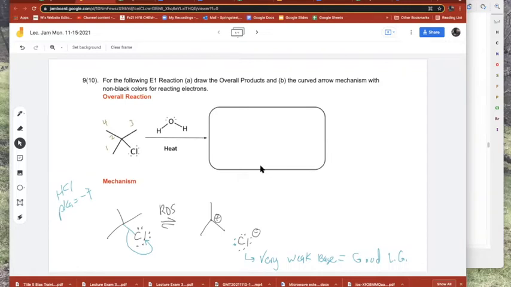All right, here we go. Now the next step, water comes along and it's going to deprotonate 1 carbon away from where the leaving group was. So the leaving group was right in that middle, right? This is a tertiary electrophile.